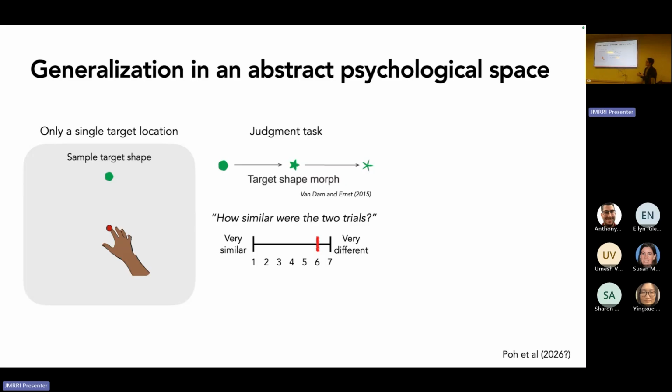But what about if we just change the shape of the target, okay, and we did it in a parametric way from what is like a hexagon or pentagon to a star, right? And so you could parametrically do this and say, if you give them a sample target, so that's that pentagram, they reach to the pentagram, and we change it to a star or something along that scale, and we have them rate it, right? They might say, now that's very different, okay?